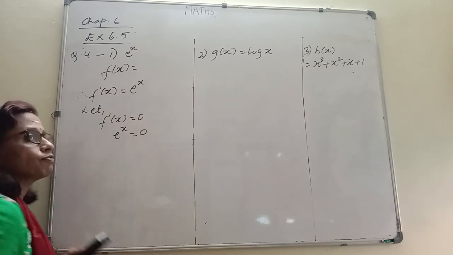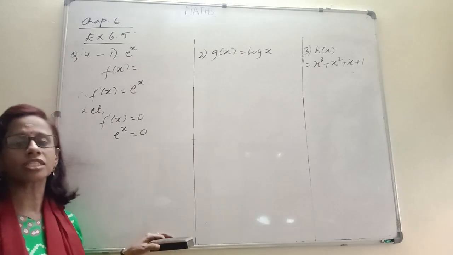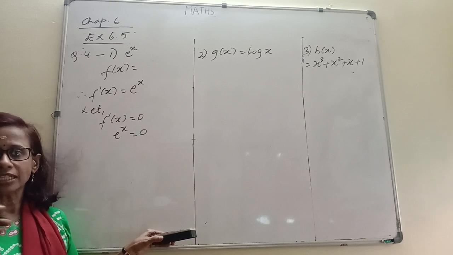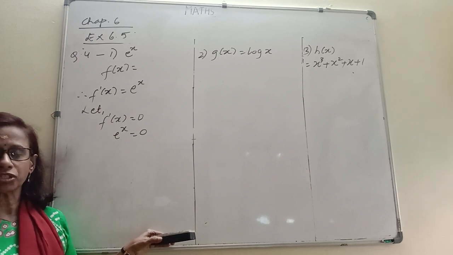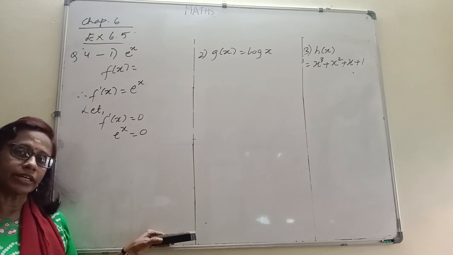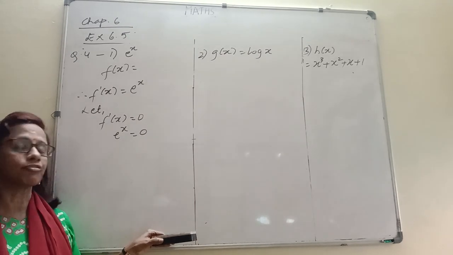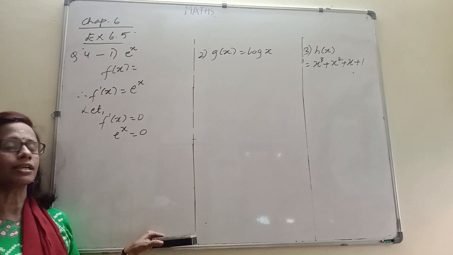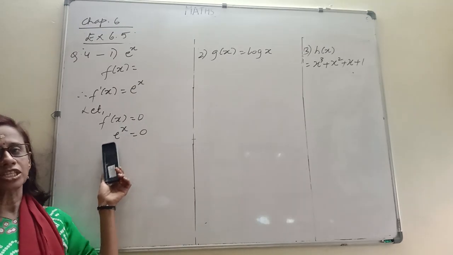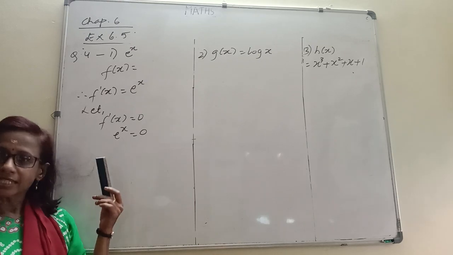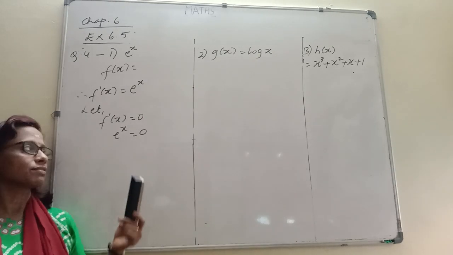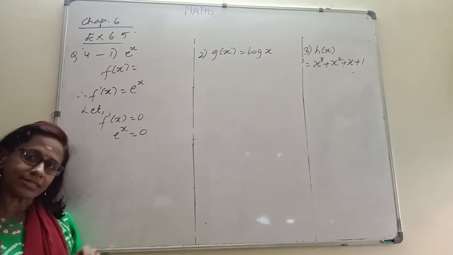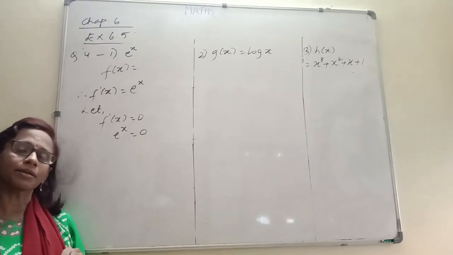The exponential function, which we have seen in the last chapter, the way the function expands, it's very clear that there can be no value of x for which e raised to x can become 0. So since there is no real value of x such that e raised to x is 0, there is no x which can make f dash x 0. When there is no x existing, you will not get a maxima or minima point.